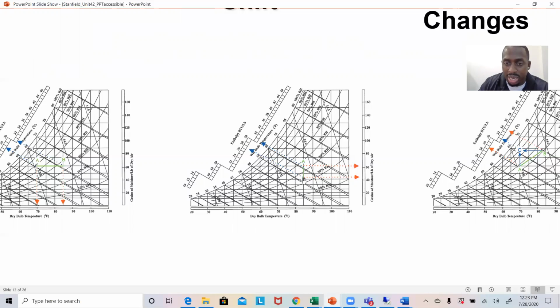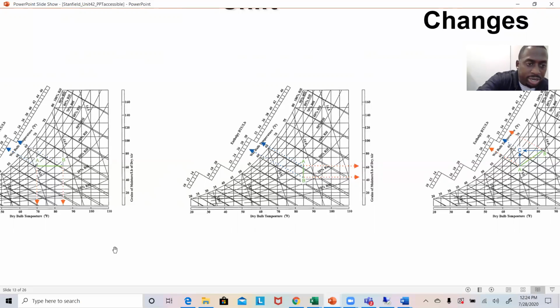So we're losing heat, and the humidity level is coming down. It went down from 30 to 20, but it's still at 85 degrees because it's still on this line. That's what they mean by a vertical change on the chart, because these vertical lines represent the dry bulb temperature, which has not changed. So a vertical change represents a latent process.